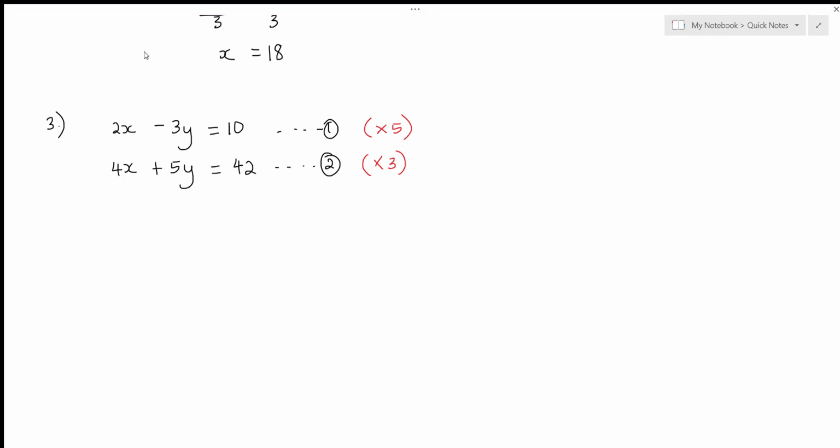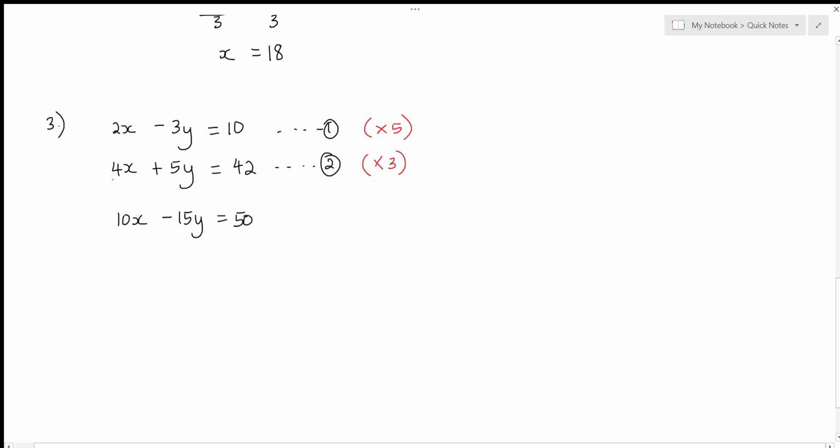So in the next step, you're going to multiply each term out by the 5. So you're going to go 2x times 5, which will give me 10x. Negative 3y times 5, which will give me negative 15y. And 10 times 5, which will give me 50.